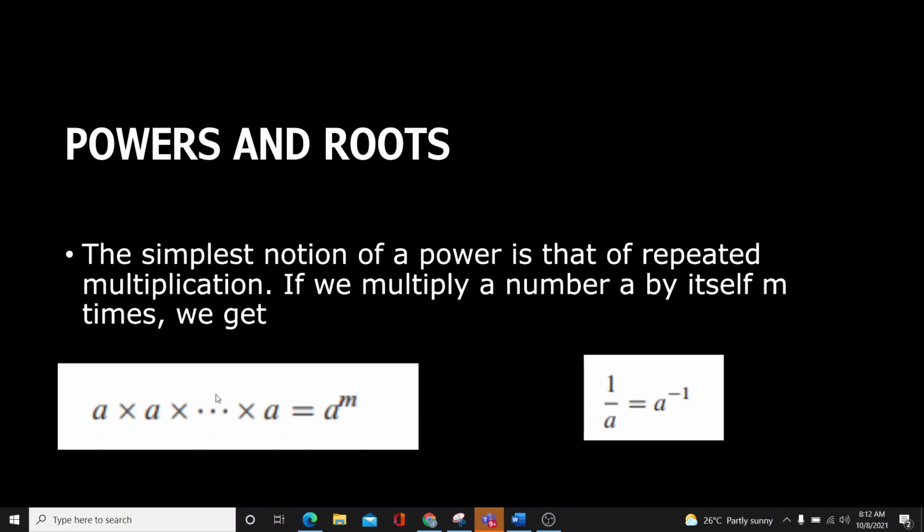Kung ilang beses mo siyang minultiply sa sarili niya, that is the power of m. And 1 over a is equal to a raised to negative 1. So, kapag denominator siya, pag inakyat natin, automatic ang power niya is magiging negative of that power. Okay? So, pakitandaan po yung mga properties na yan.